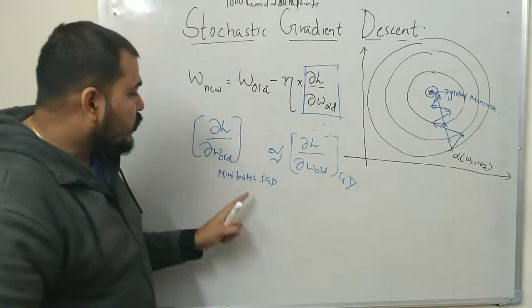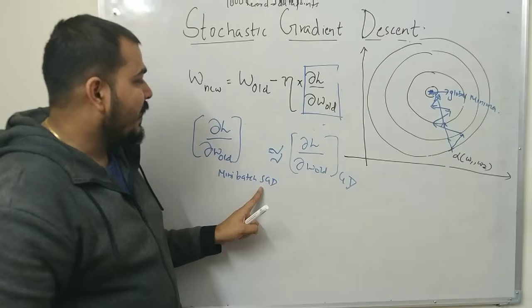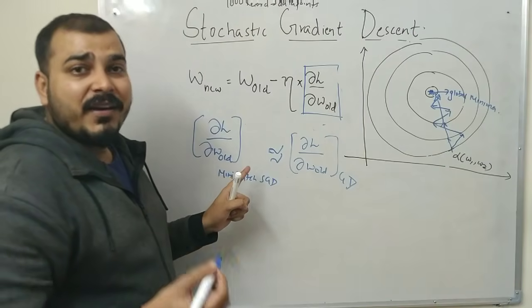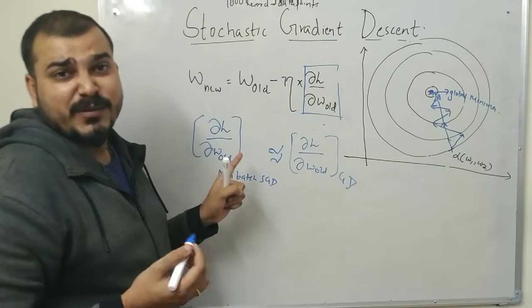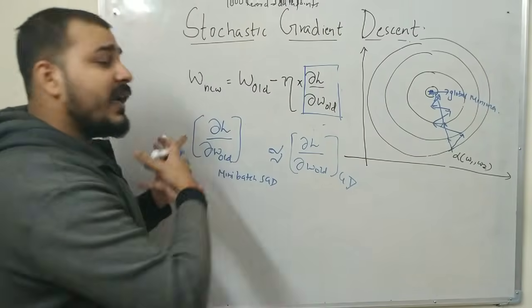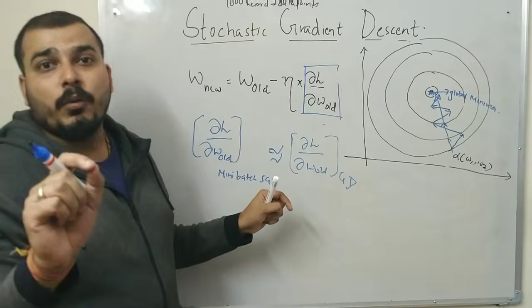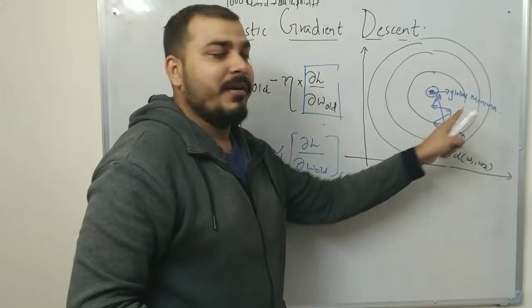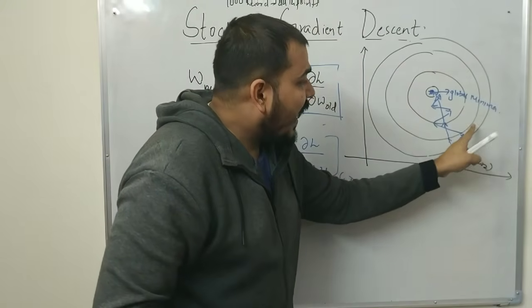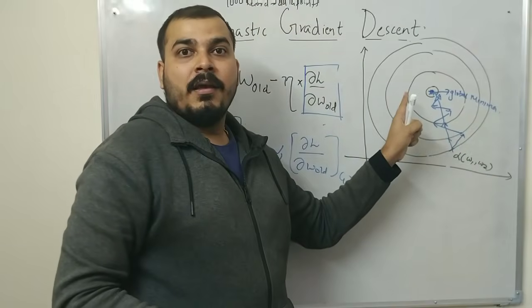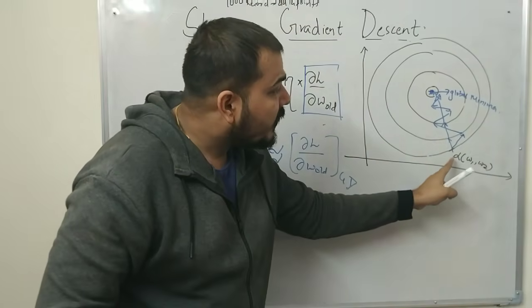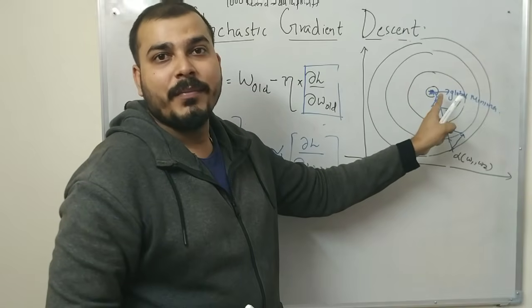Whenever I try to find the derivative of loss with respect to that specific weight and update that weight, this will be approximately equal. It will never be exactly equal. Over here you can see that we have zigzag movement in SGD, whereas in gradient descent, we have a straight movement towards the global minima point.